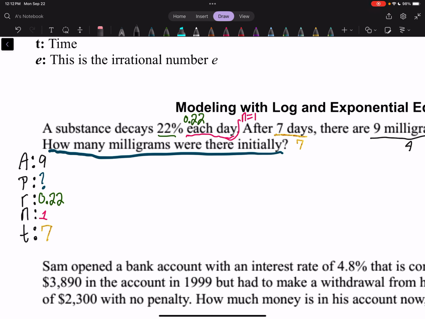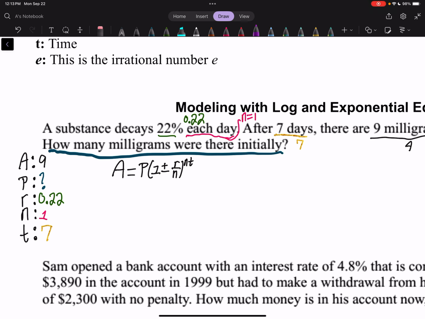Okay, now let's set up the formula. A is equal to P times 1 plus or minus my rate over my number of times, to the n times t. Now for the plus or minus, which one do I want to use?